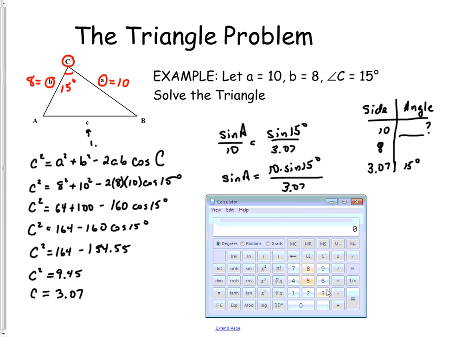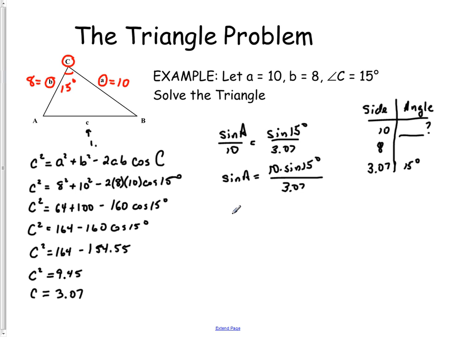Let's work out the numbers right here. We're going to take 15, take the sine of that number, multiply it by 10, divide it by 3.07, and we're going to get sine of A equal to 0.8431. So that means we have to take the inverse sine of that number.